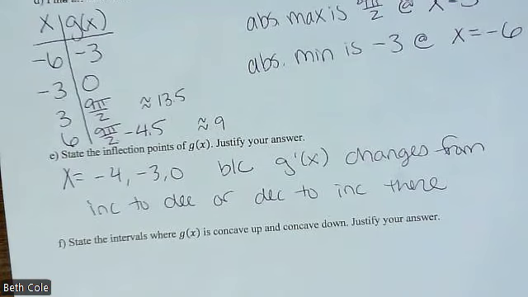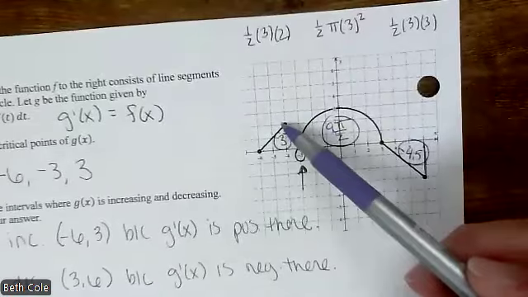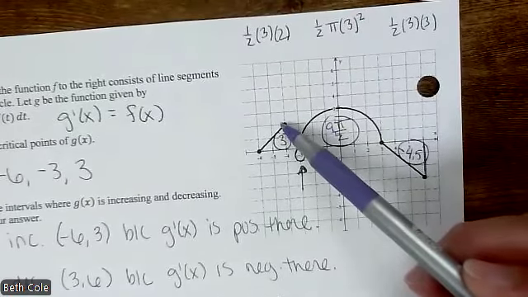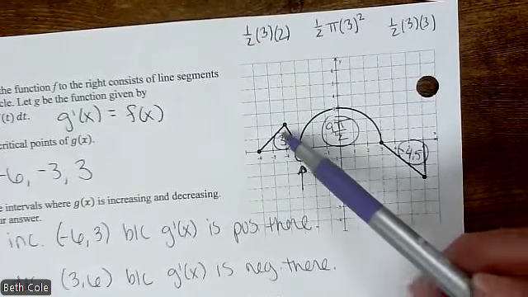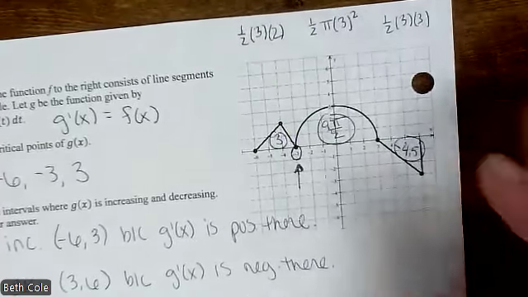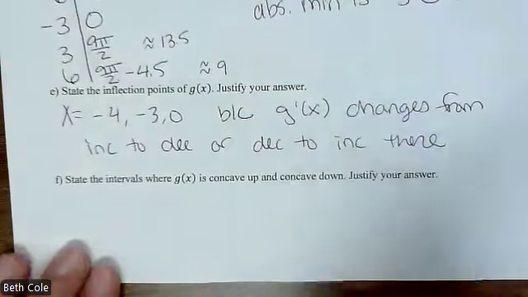No, you can say either. Like that is acceptable. If you want to be like a purist about it, you would say -4, it would take forever to write it because G prime changes from increasing to decreasing there. -3 because G prime changes from decreasing to increasing there. No, it's a timed test. Don't do that. Okay. This covers it. That's bad enough as it is.